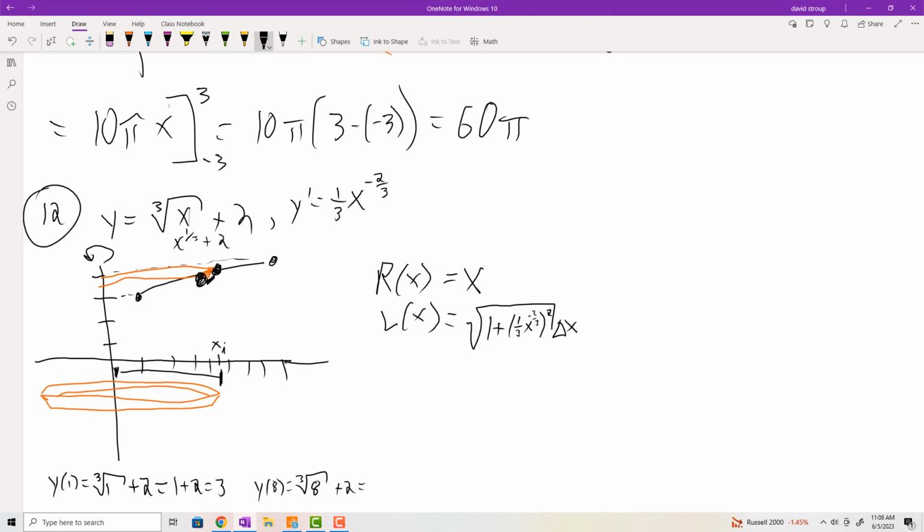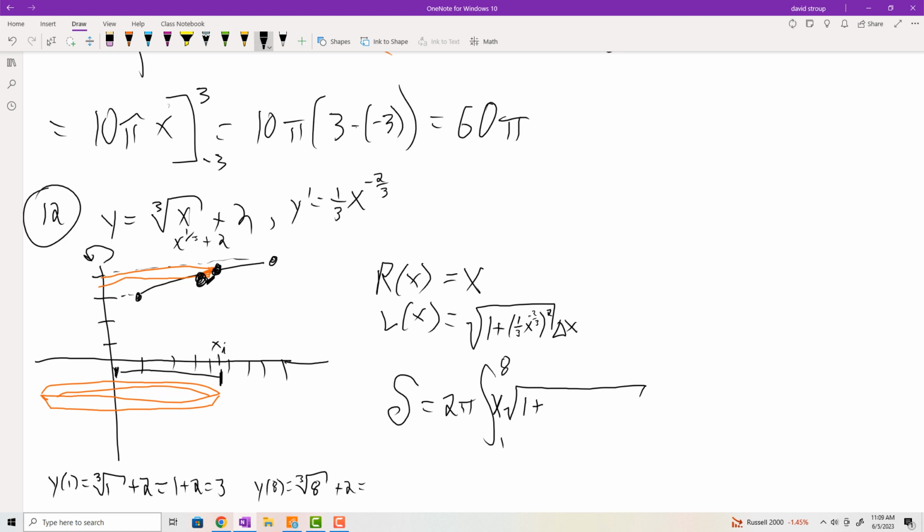All right, so let's go ahead and dump it into our integral for arc length. This will be 2 pi integral. It looks like it's going from, what do we say, 1 to 8. And then I have the square root, well, there's an x for the radius, and then the length formula, square root 1 plus squaring, it will give me, and I'm going to rewrite it as a fraction.